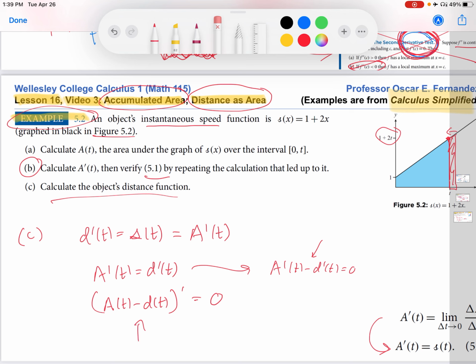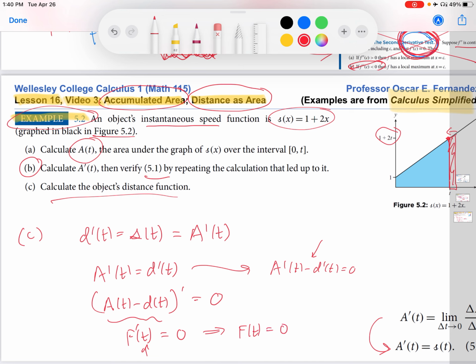I refer you to the book for the details, but what's happening here is that this is a function, let's call it capital F of t, whose derivative is 0 for all t values. And a of t is continuous, it was t plus t squared. S of t is continuous. Everything is continuous. So we expect from here that the function itself is 0.